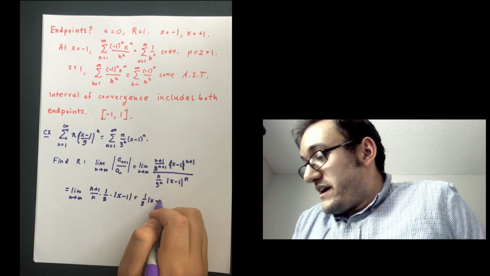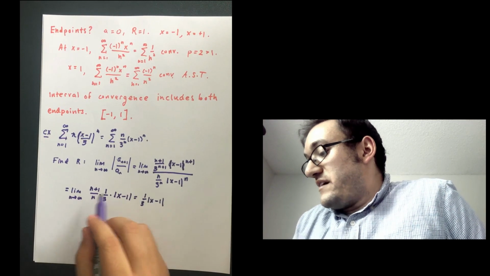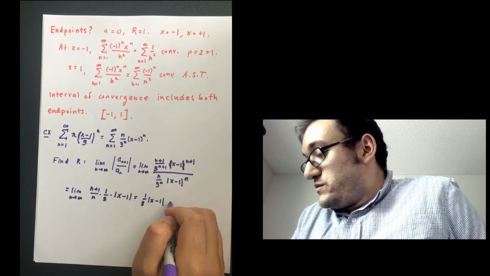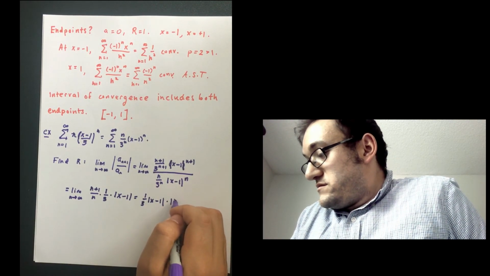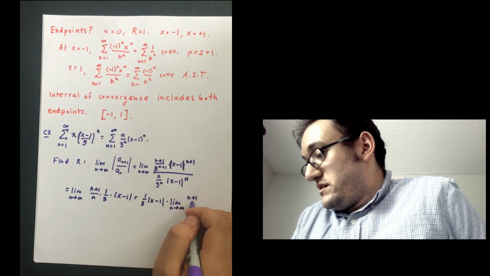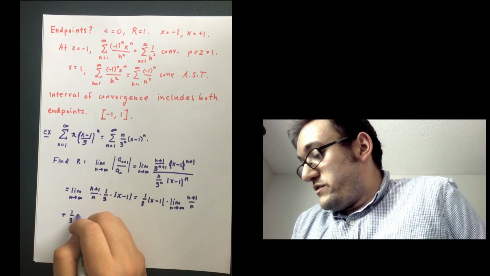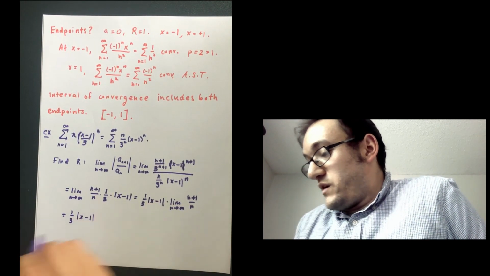The limit of n plus 1 over n is just 1. So we end up with 1/3 times absolute value of x minus 1.